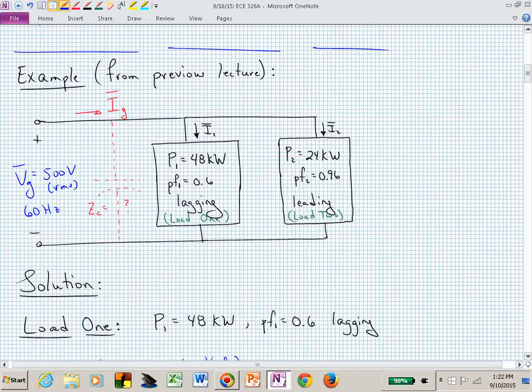So the statement was that selecting the Q to make the angle 0 will give you the best angle, theta equal to 0, without going in the wrong direction, more in the negative direction of your Q. In reality these loads are probably fluctuating, so you would want a bank of capacitors that you can switch in and out to adjust that Q to accommodate the machines you may be turning on and off.